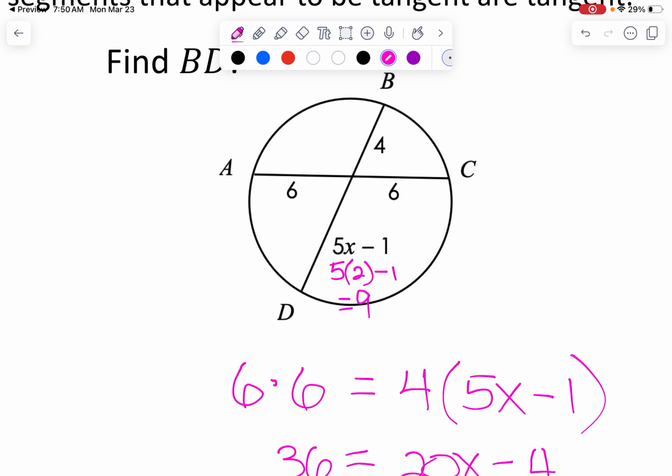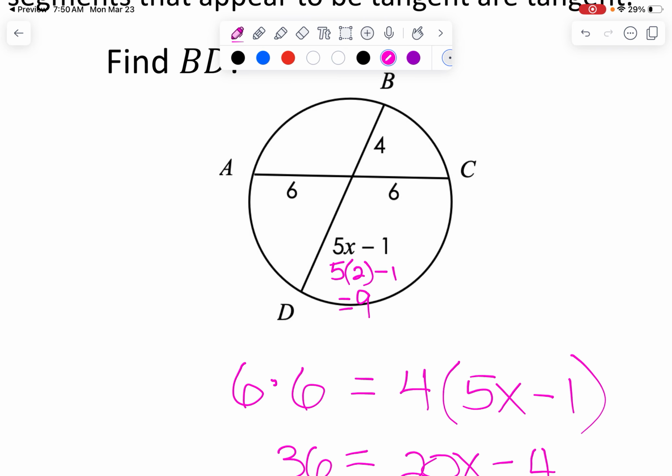I want to know the whole thing, and this is 4, so I'd say 9 plus 4. So BD equals 13. There we go, 4 plus 9. And that's using that relationship to help us out.